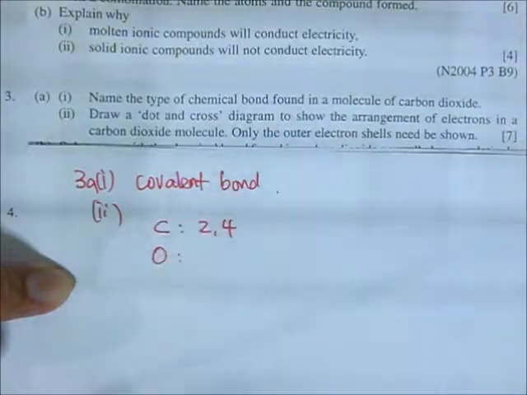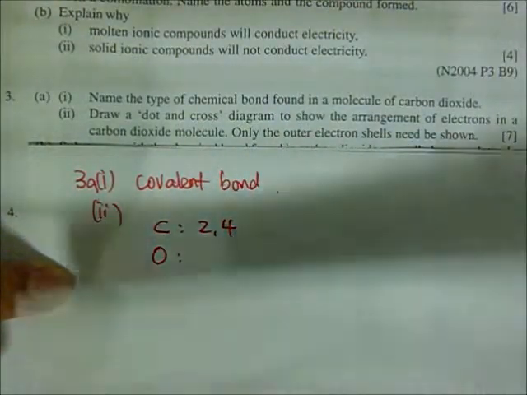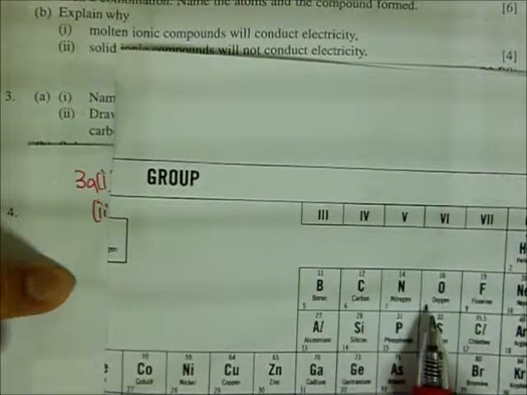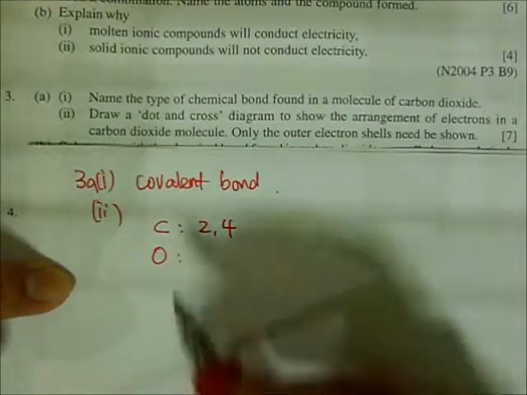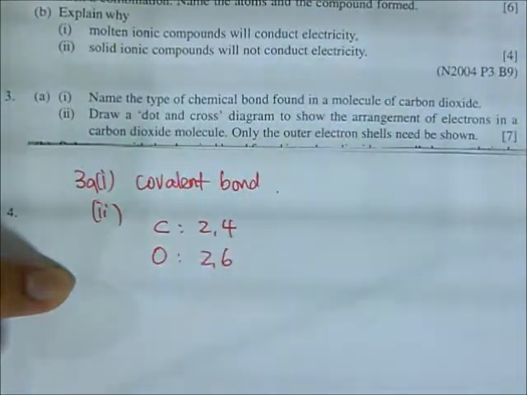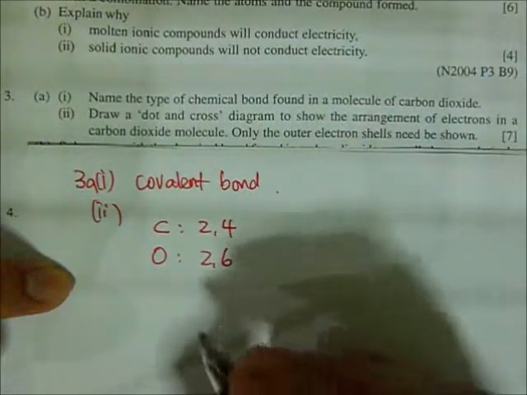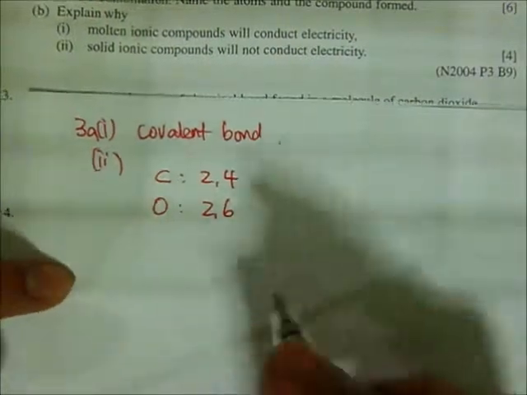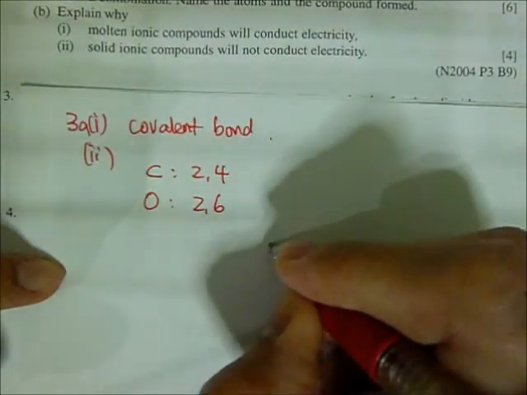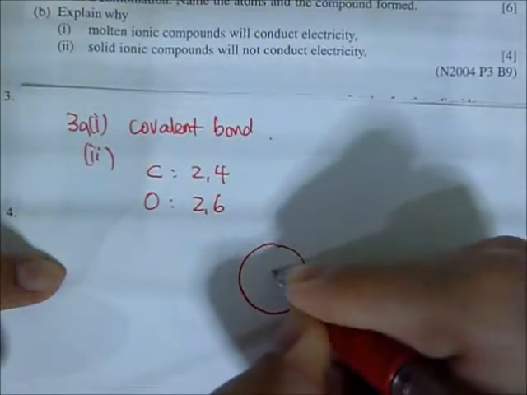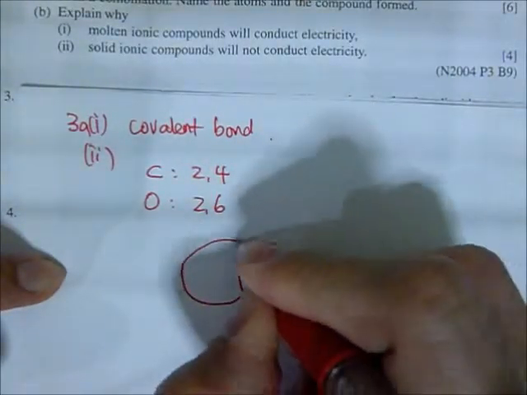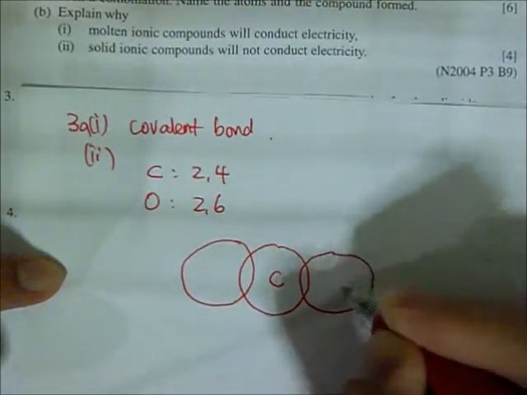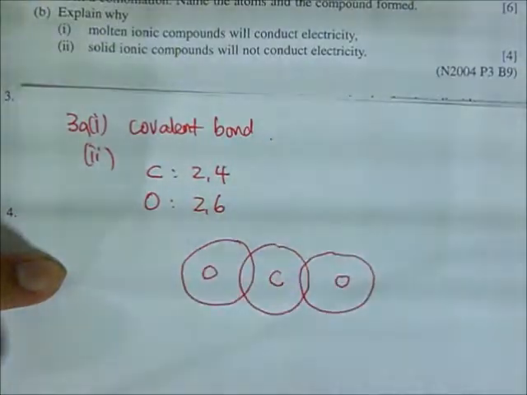How about oxygen? Oxygen has 8 electrons, electronic configuration is 2 6. Now in CO2 there is one carbon atom and 2 oxygen atoms. This is oxygen, this is oxygen.